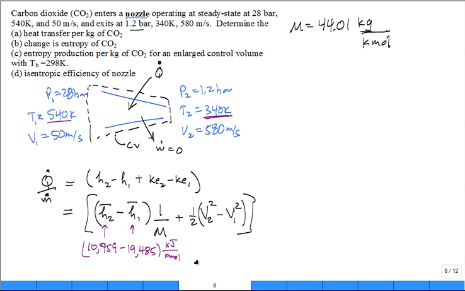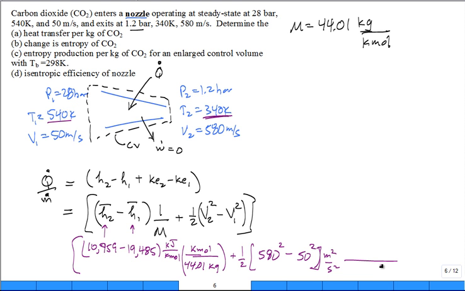And then I have 1 over 44.01 kilograms per kilomole. Okay, that finishes out the H's. Plus 1/2 times the velocity exit 580 squared minus the velocity inlet 50 squared, all in units of meters squared per second squared. Use the unit conversion factor whenever you have to combine kinetic energies with enthalpies.